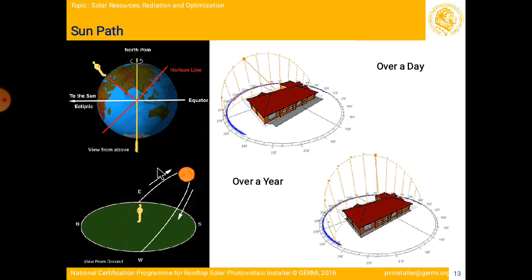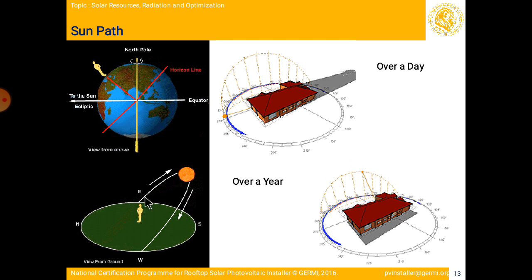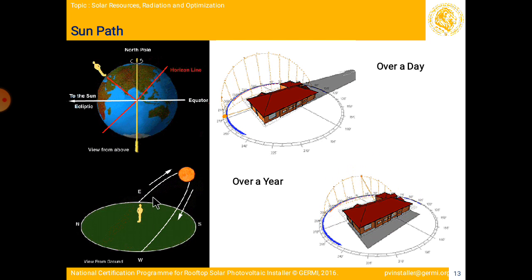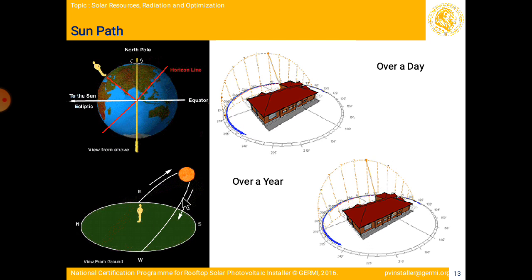It will rise on the east side and set on the west side. So this is the path the sun will take from rise to set. For a particular day this is the path followed by the sun, and you can see the shadow of the house also according to the motion of the sun.